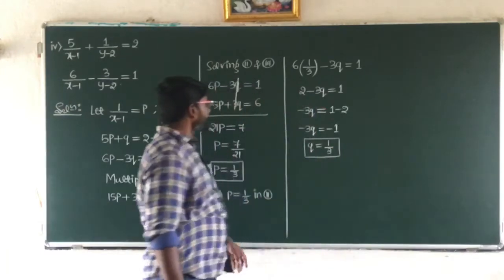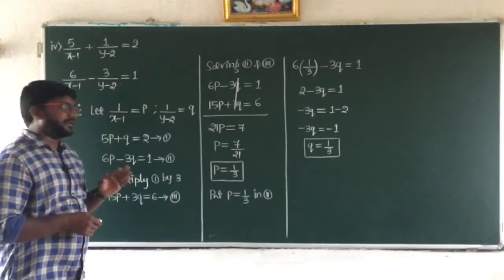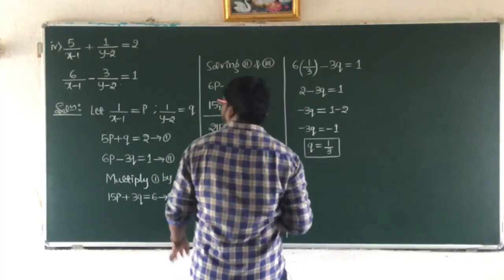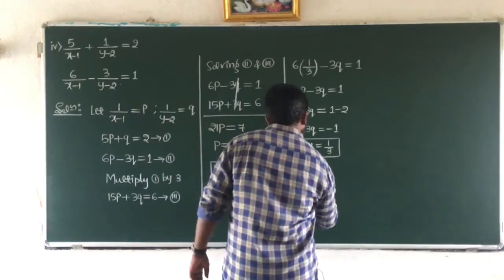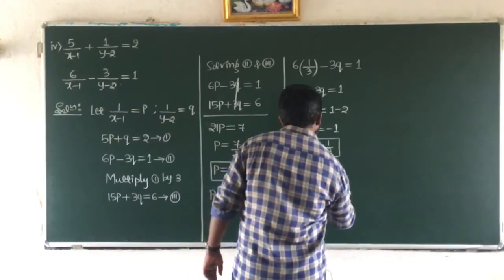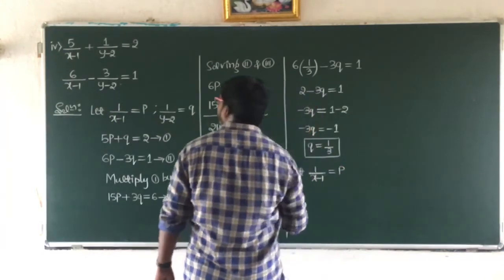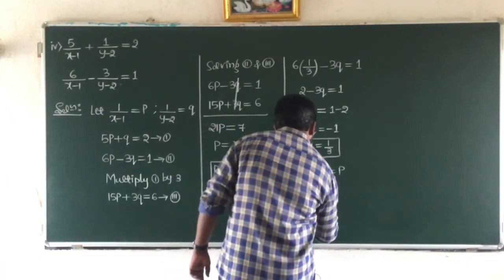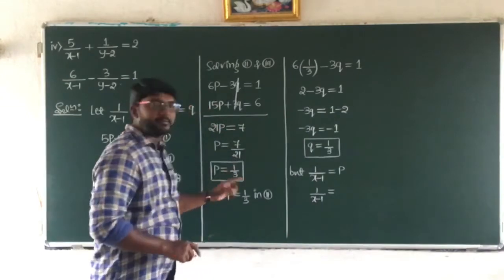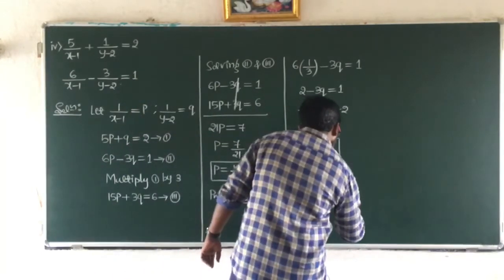Now we have to get the value of x and y. 1 by x minus 1 is equal to p. Write it as it is, then what is the value of p here? It is 1 by 3.